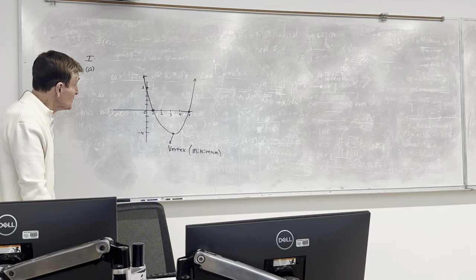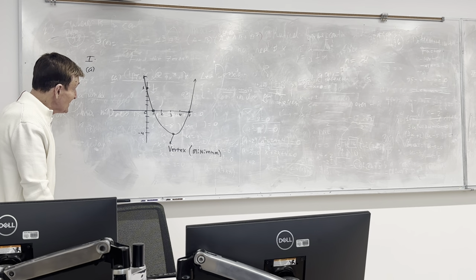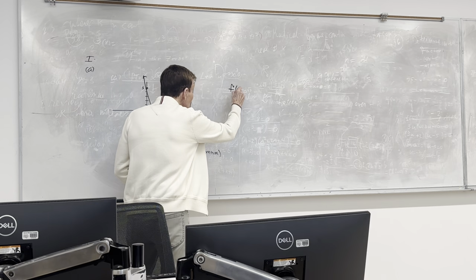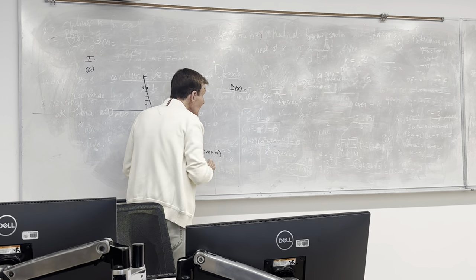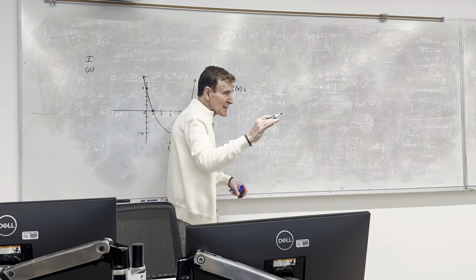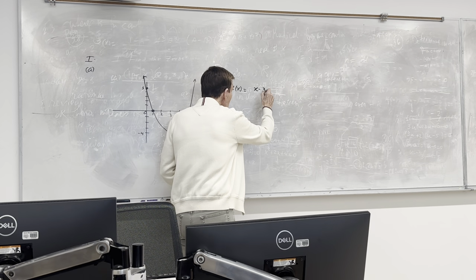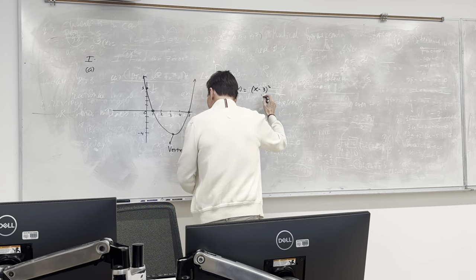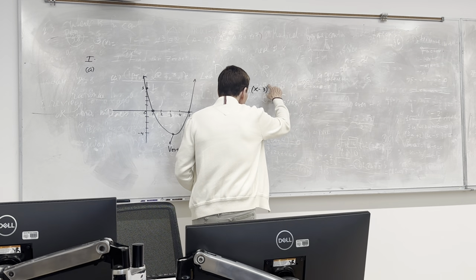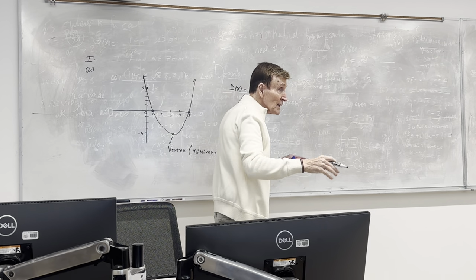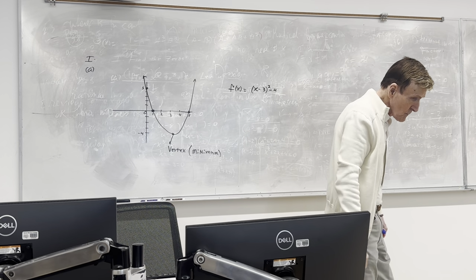So, Professor, what are you going to do with this? Well, on the side here, someone remind me, was it x subtract 3 squared and down 4? Did it look like this originally? Yeah.